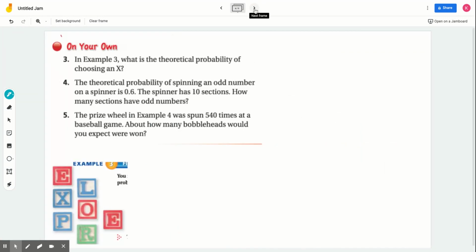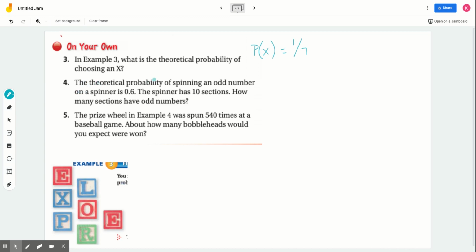So now it says in example 3, what is the theoretical probability of choosing an X? So we see here that there are 7 letters and there is 1 X. So we know that the probability of choosing an X is 1 out of 7 because there's 1 X cube out of 7 total cubes.